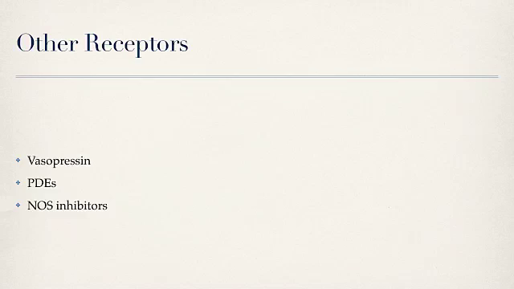And then there is also a category of drugs called nitric oxide synthase inhibitors or scavengers, and those are important medications because the thought of using them in critically ill patients, especially septic shock and irreversible shock, is in the spotlight as we speak.